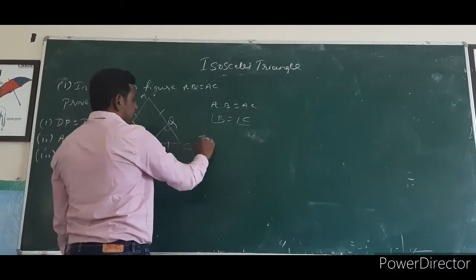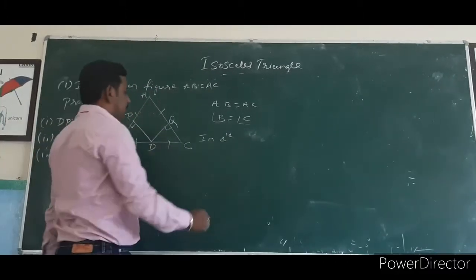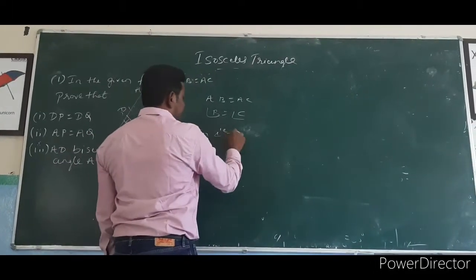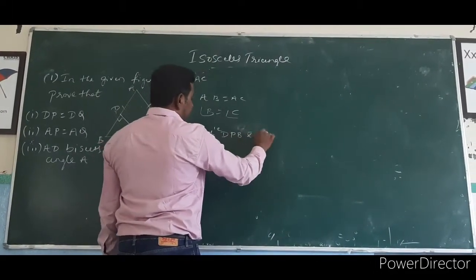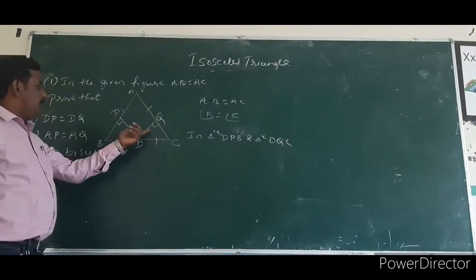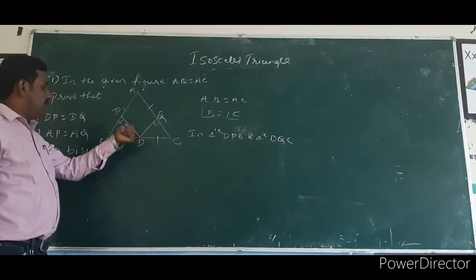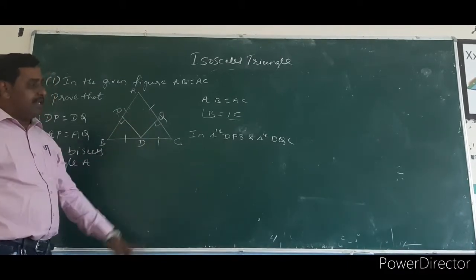Now consider what we have to prove: DP is equal to DQ. Consider triangle DPB and triangle DQC. If you show these two triangles are congruent, then by CPCT DP is equal to DQ.